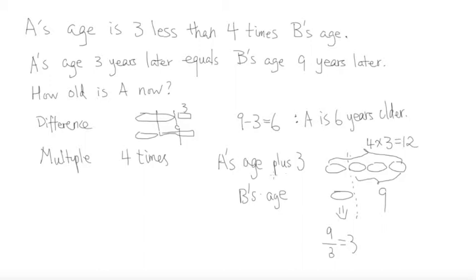Does that mean A is 12 years old? It doesn't, because this A's age plus 3 is 12. So A is 9 years old, because 9 is 12 minus 3. Okay, so in the end, A is 9.